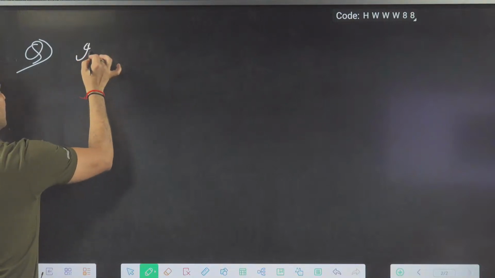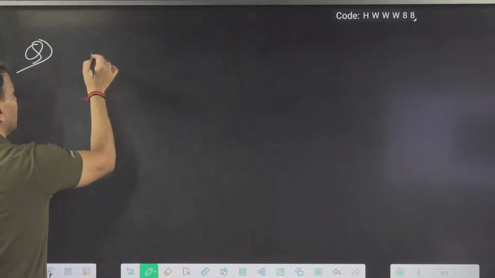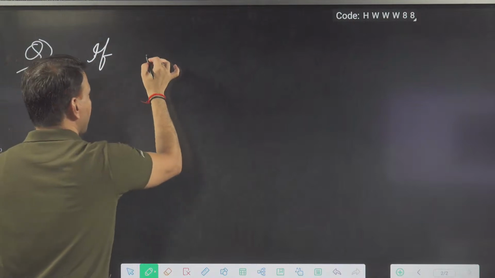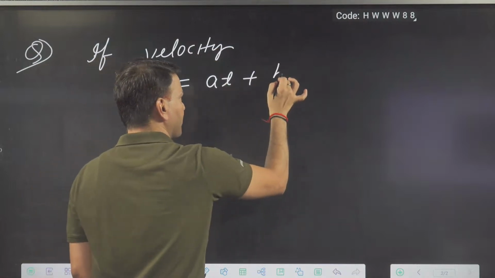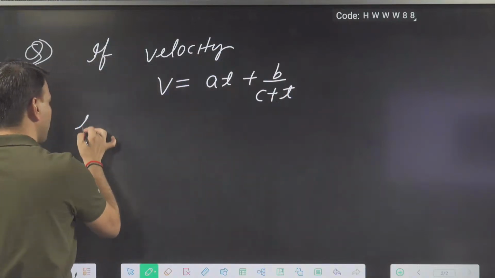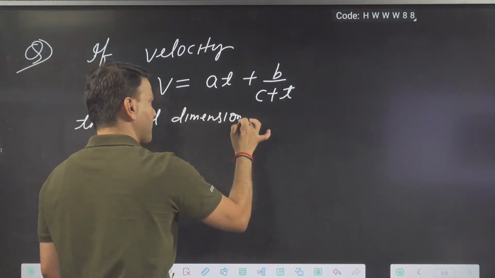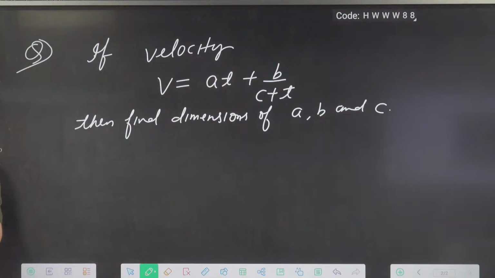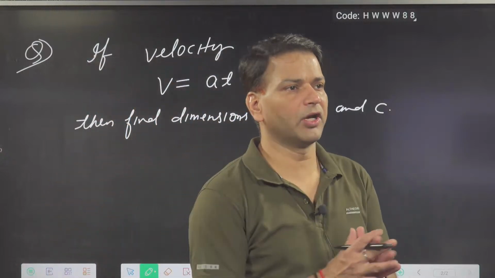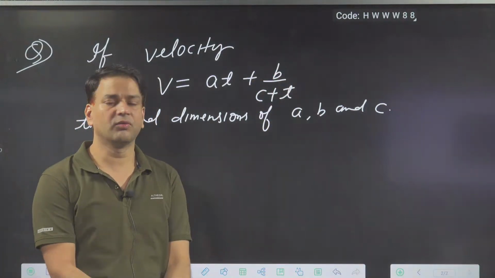I already discussed V is equal to C T square. Now I have given the quantity velocity is equal to A T plus B upon C plus T. Any expression I gave, and I am asking what is the dimension of A, B, and C.